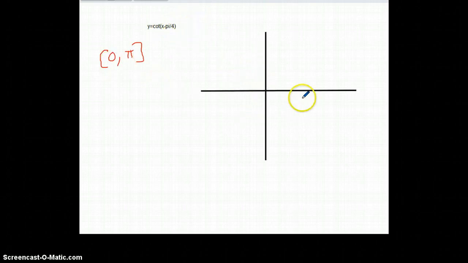So instead of going from 0 to pi, let's draw some marks here. The asymptotes, instead of being at 0 and pi, we're going to draw asymptotes at pi over 4 and 5 pi over 4.